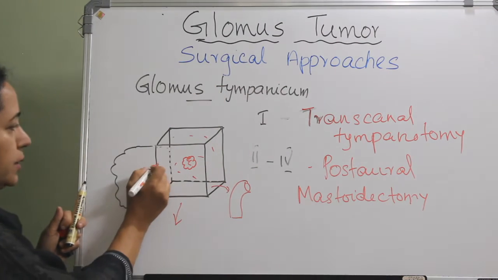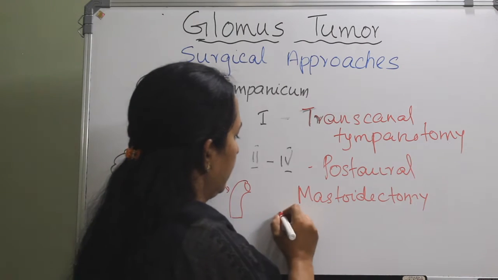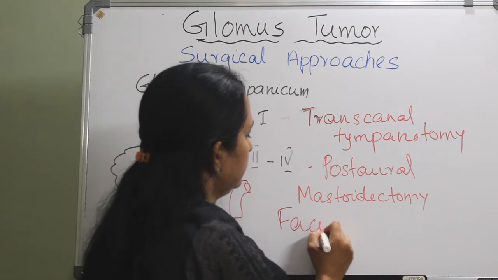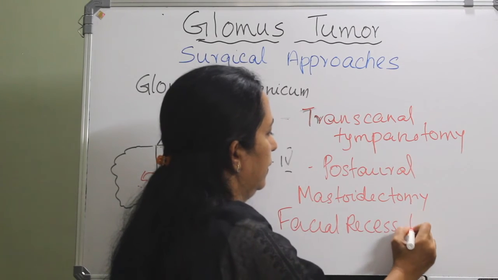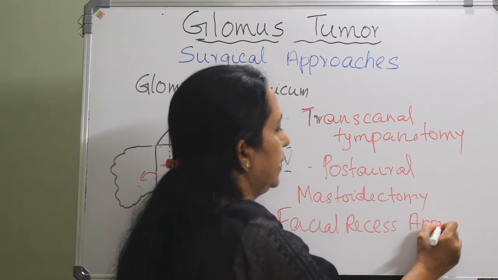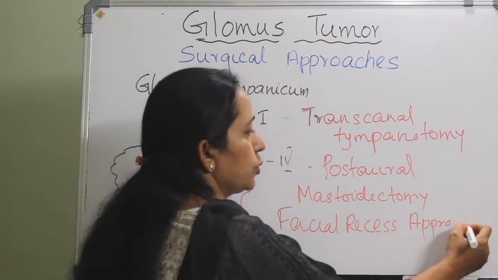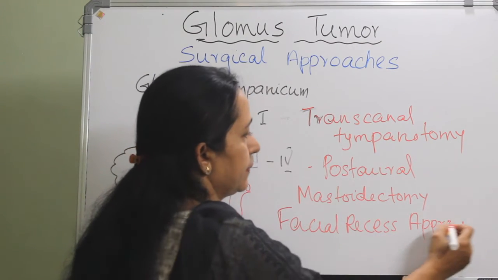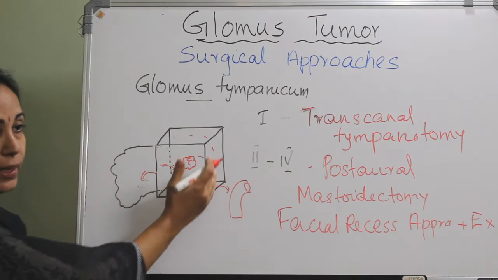Then after mastoidectomy, through the facial recess approach, and in some cases we need extensions of the facial recess. So facial recess approach plus its various extensions, so we can remove the entire mass.